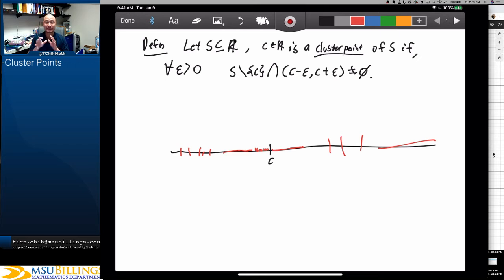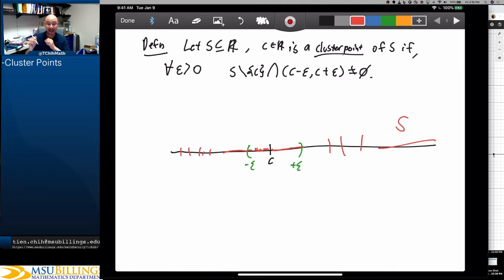That means no matter what epsilon I pick, so let's let that be minus epsilon, plus epsilon, there's some stuff inside this interval other than C itself. There is some of S living inside the interval.